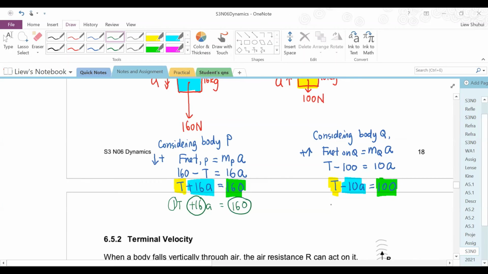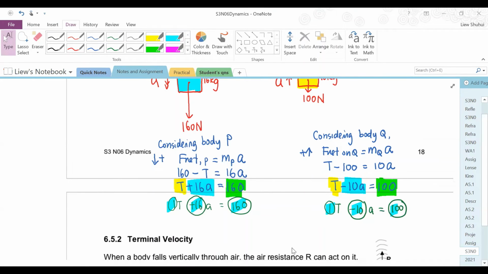For the second equation, it will be 1T minus 10A equals 100. So these numbers that are circled will be the numbers that you're going to enter into the calculator.